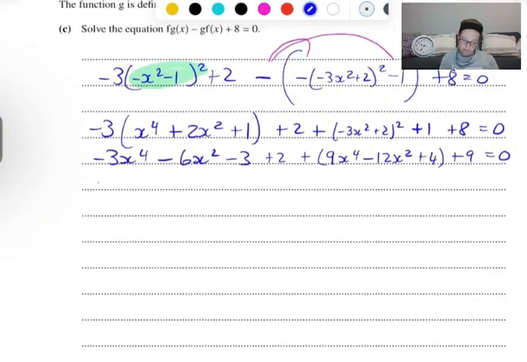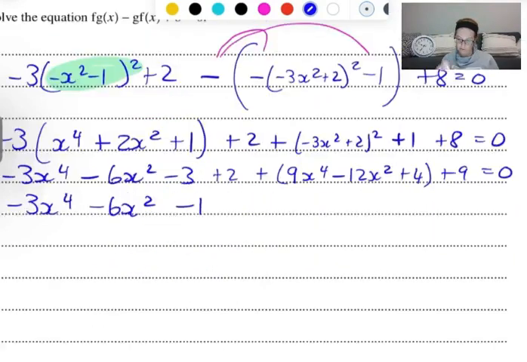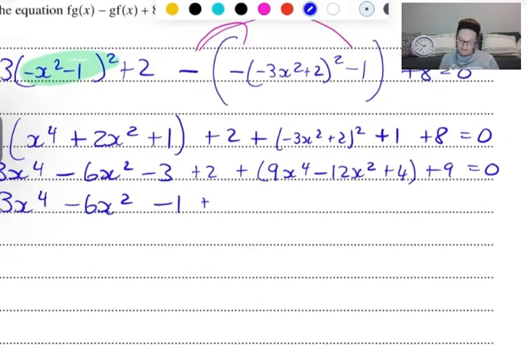Alright, minus 3x to the power 4 minus 6x squared. I must be honest, I've sort of lost track of what I'm even doing. Minus 1, I'm solving this equation, plus 9x to the power 4 minus 12x squared plus 4 plus 9.